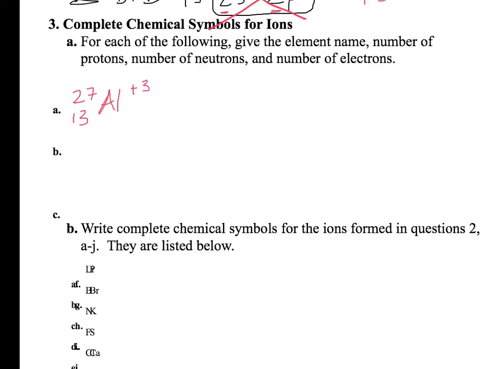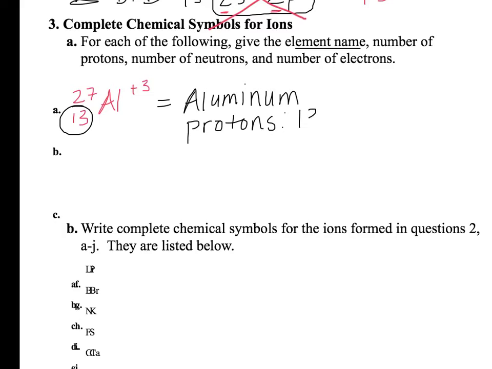So first of all, we need the element name. Al stands for aluminum. Okay, just a little test of your symbols. The number of protons, remember, comes from the atomic number, which is this one down here. So protons are 13.